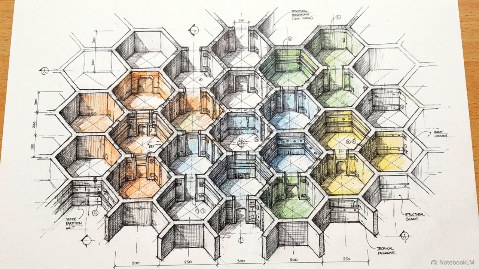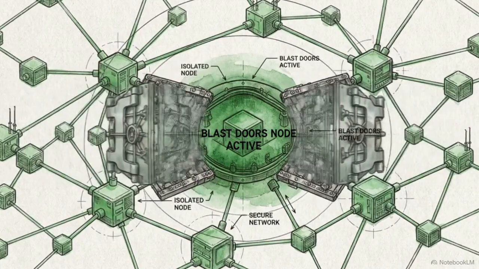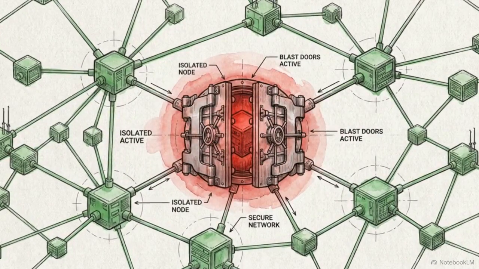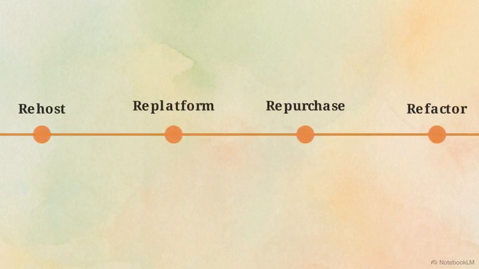A well-executed refactor creates a highly resilient system. Because the components are strictly isolated, a breach in one microservice is contained locally, preventing it from compromising the entire application. Refactoring demands significant organizational effort, yet it provides the most granular level of control for achieving a cloud-native security posture.